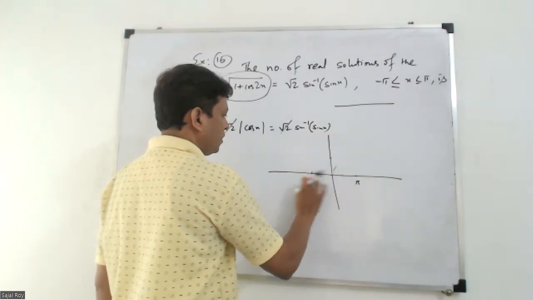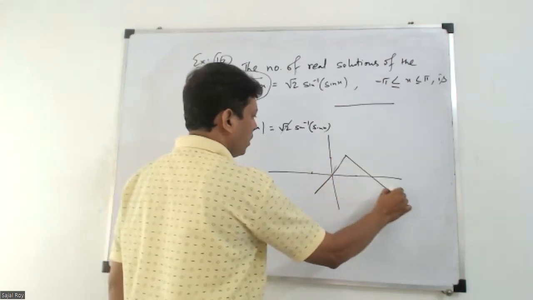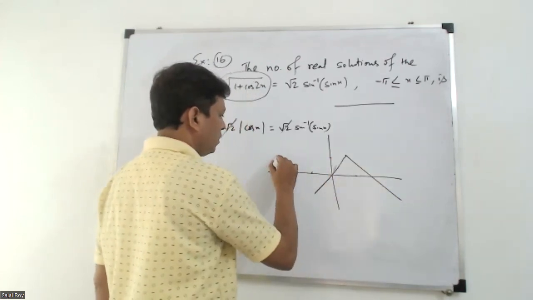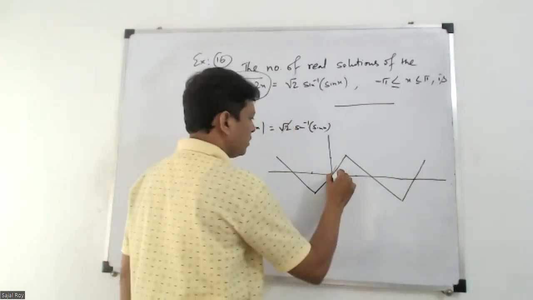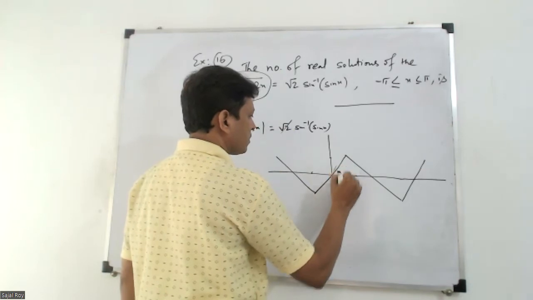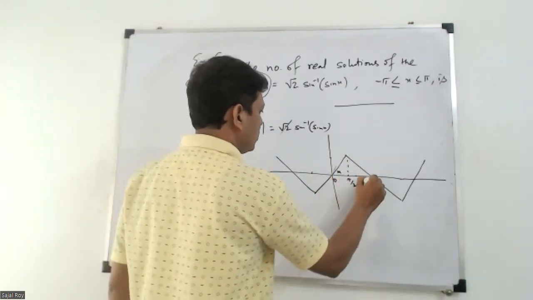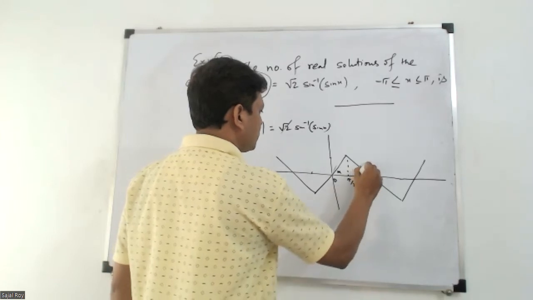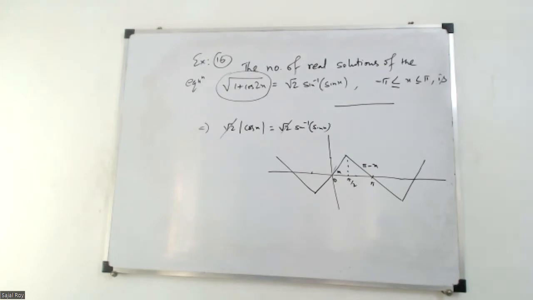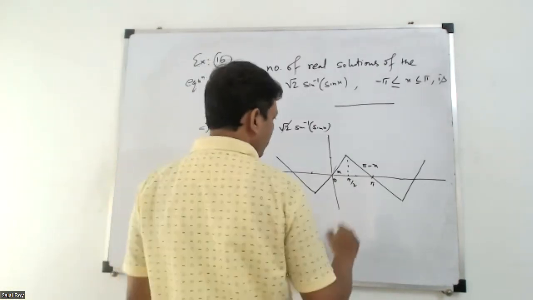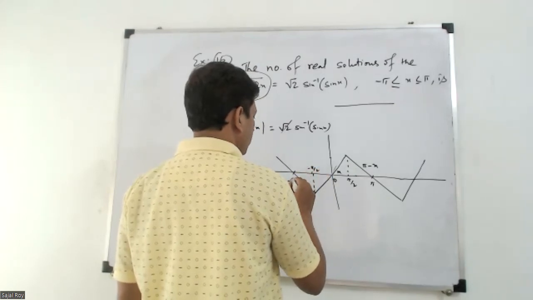First, let me draw this is x, 0, this is pi by 2, this is pi minus x, right? And this is your minus pi by 2, this is your minus pi.